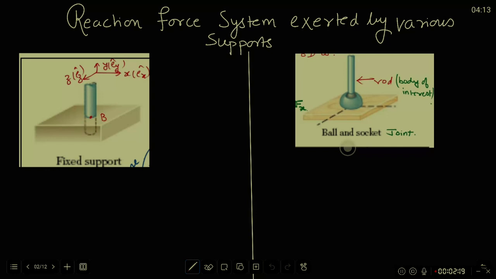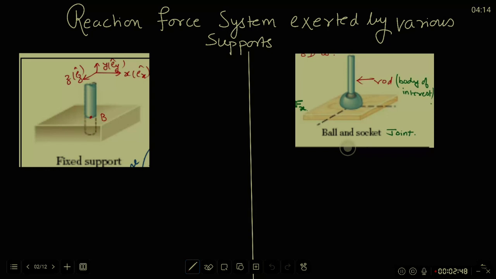We want to examine how a rigid body will move in space, and some of those may be having some supports. Our attempt here is to understand how we draw the reaction force system of a given type of support.